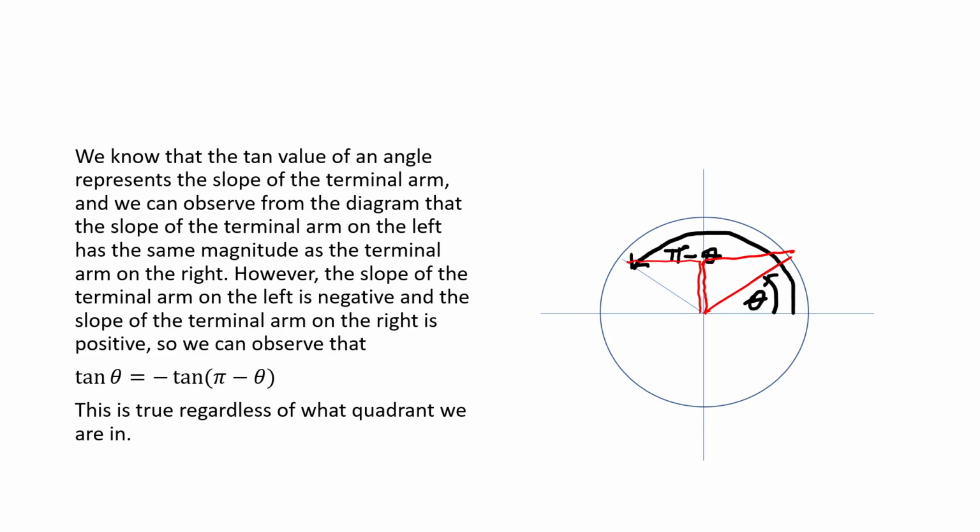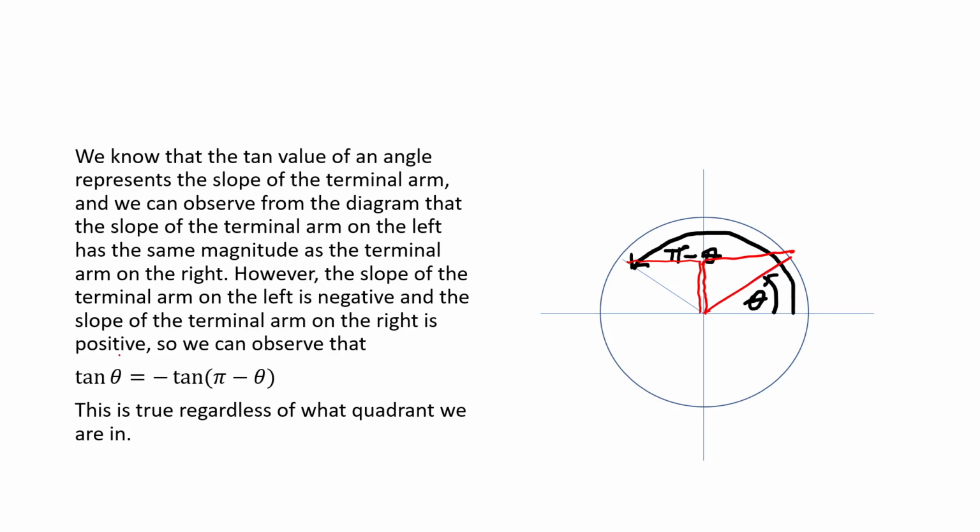The difference being that the run of the angle on the left is negative. So we can see that the two terminal arms both have the same magnitude of slope. They're equally steep, but one has a positive slope, one has a negative slope.